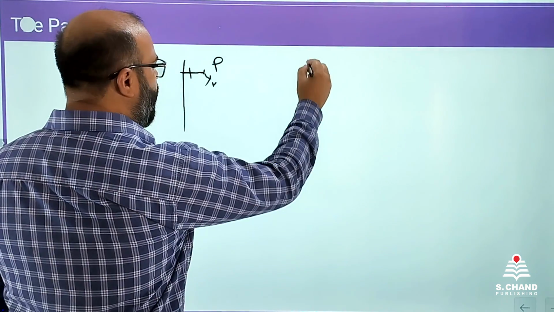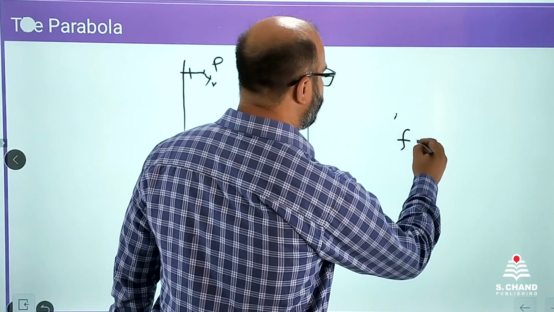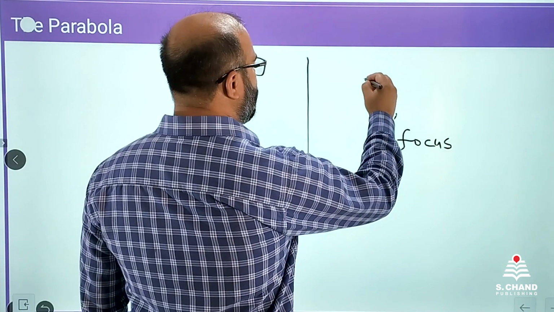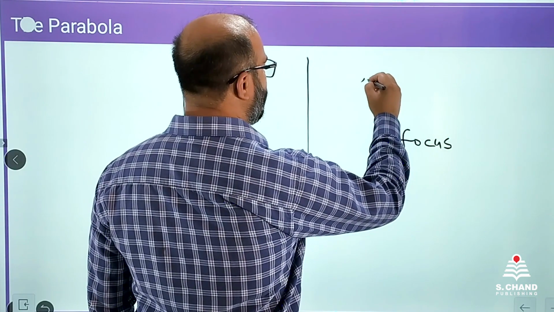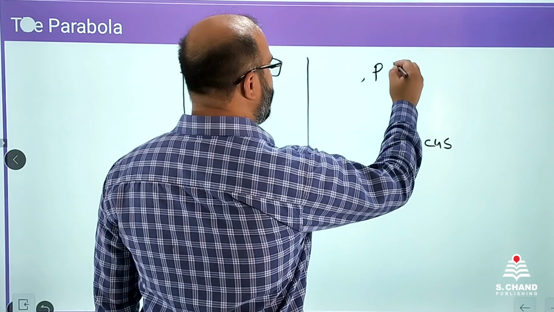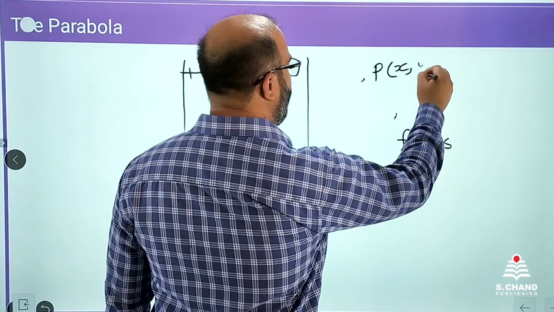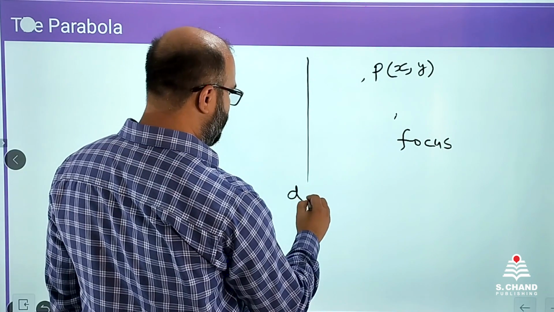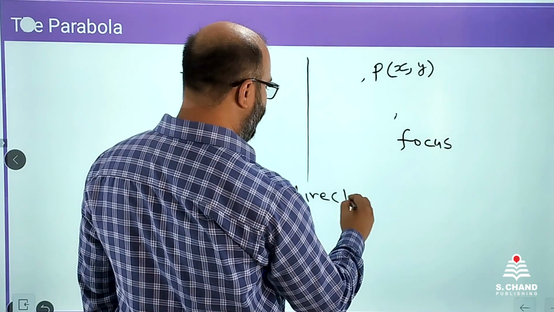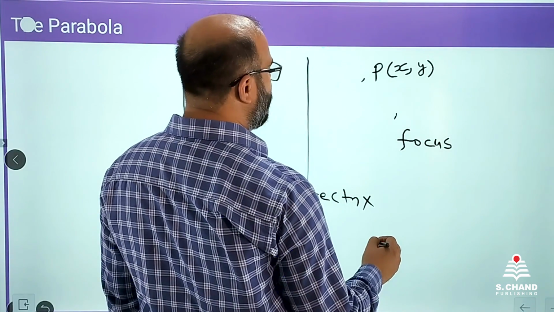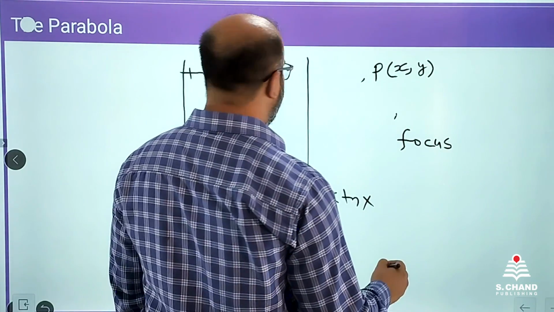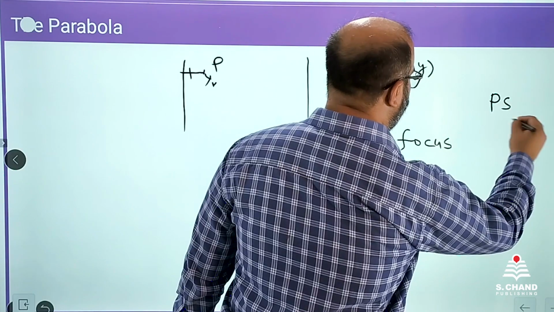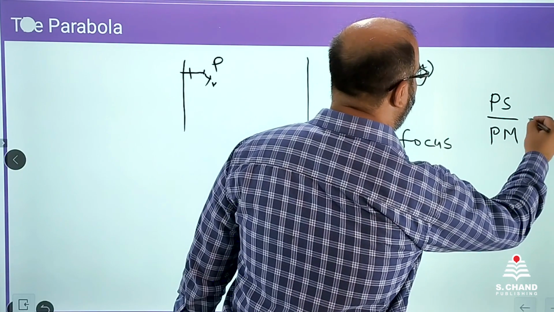So what we are talking about is the focus, which is the fixed point, and this point is the variable point, which we say is, suppose, x comma y, and we are taking this line as the directrix. So if this is the directrix, then can we find the equation of this parabola by saying that PS by PM is equal to 1.